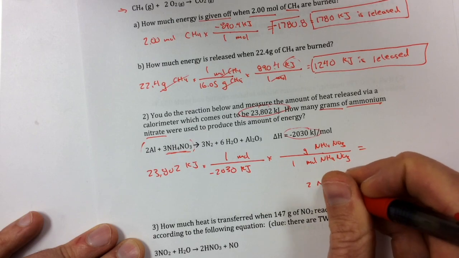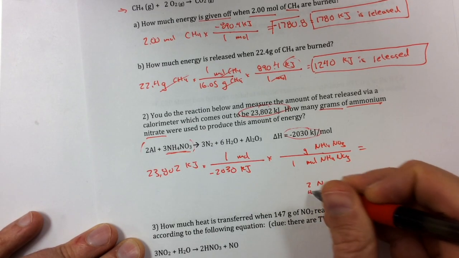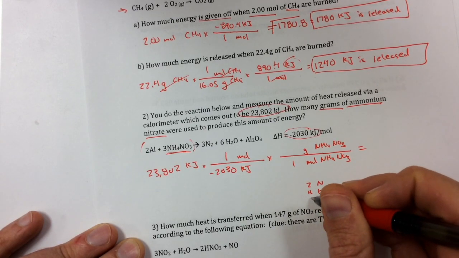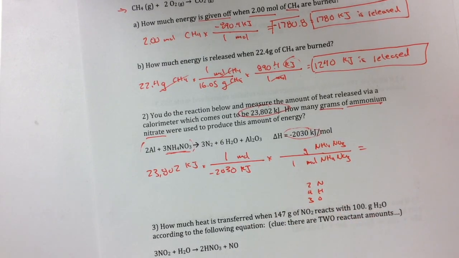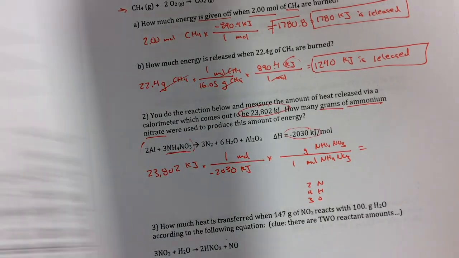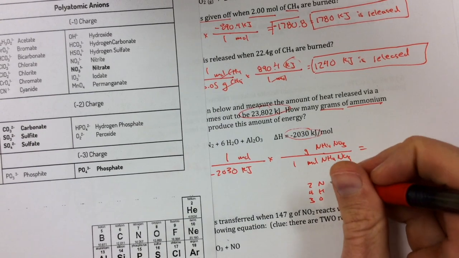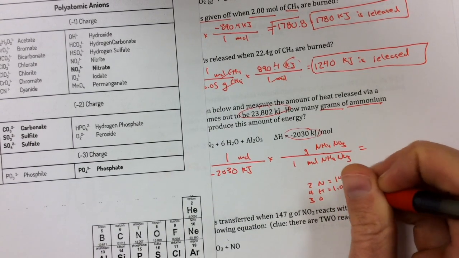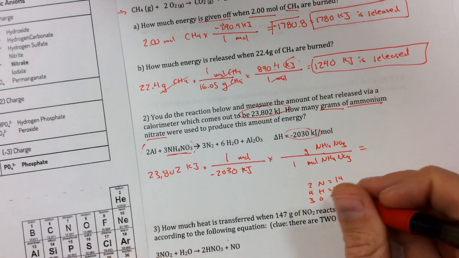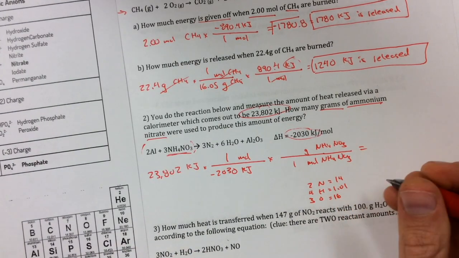We have 2 nitrogens, we have 4 hydrogens, and we have 3 oxygens. I need to get my periodic table real quick. Bam. Nitrogen is equal to 14, hydrogen is equal to 1.01, and oxygen is equal to 16.